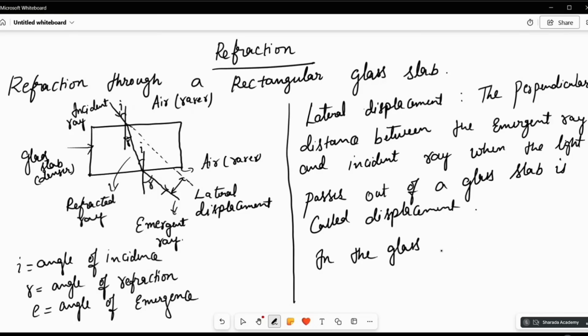In the glass slab, the refraction takes place twice.